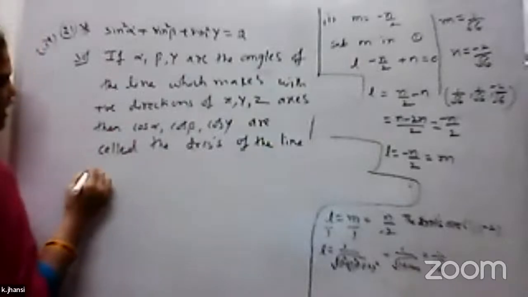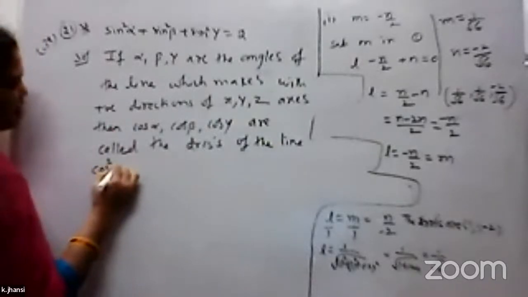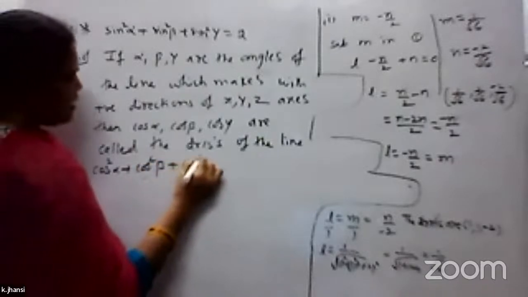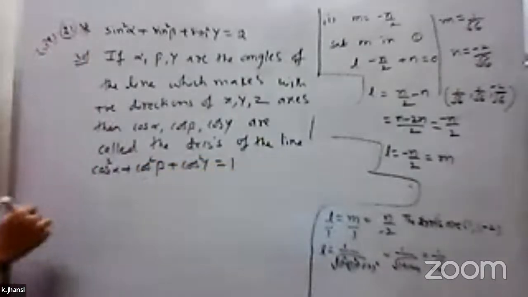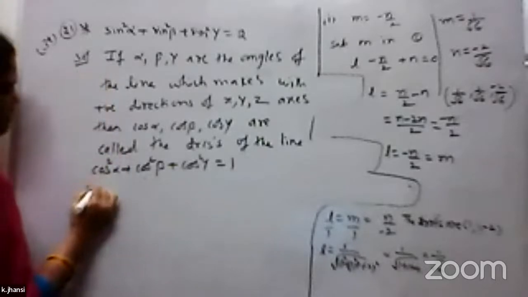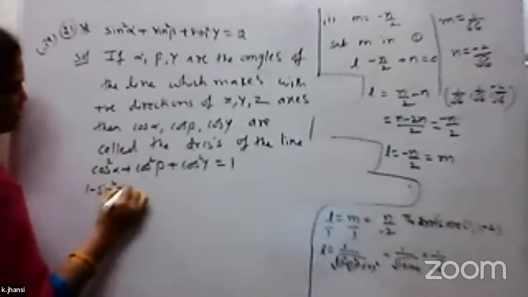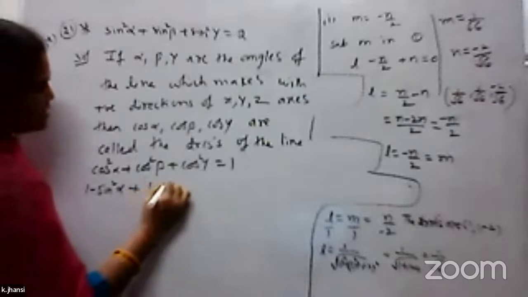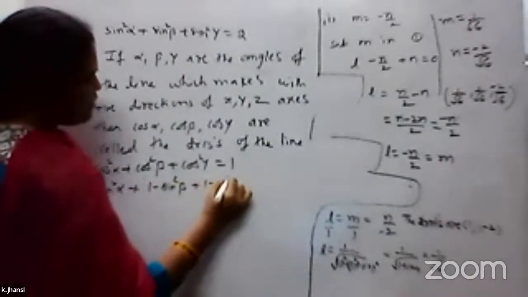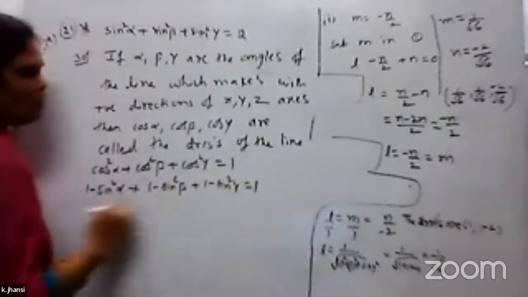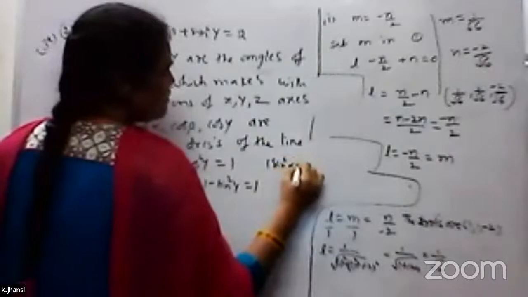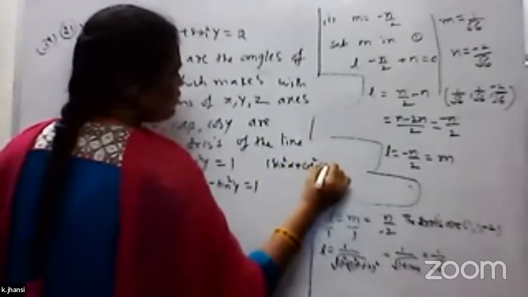So from this we have the condition cos square alpha plus cos square beta plus cos square gamma equals 1. Okay, so cos square alpha you write as 1 minus sine square alpha, plus 1 minus sine square beta, plus 1 minus sine square gamma, equals 1. We know that sine square alpha plus cos square alpha equals 1.